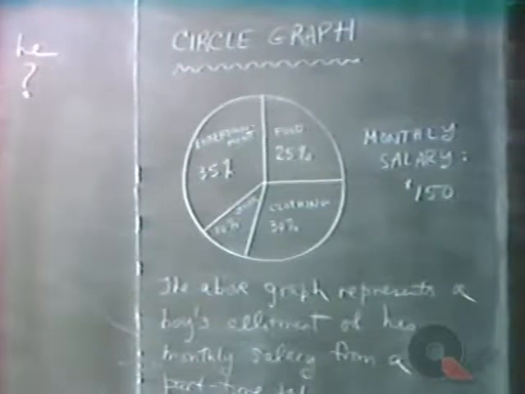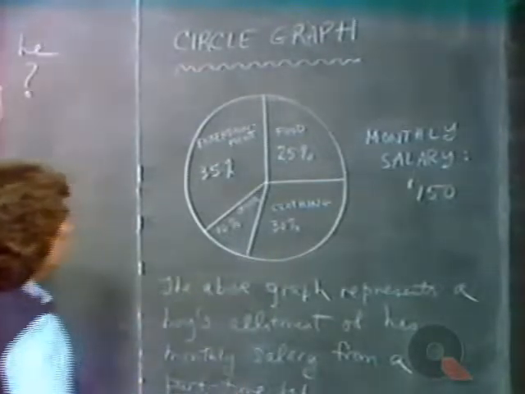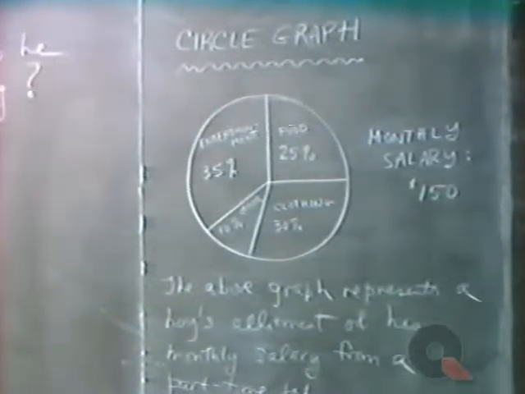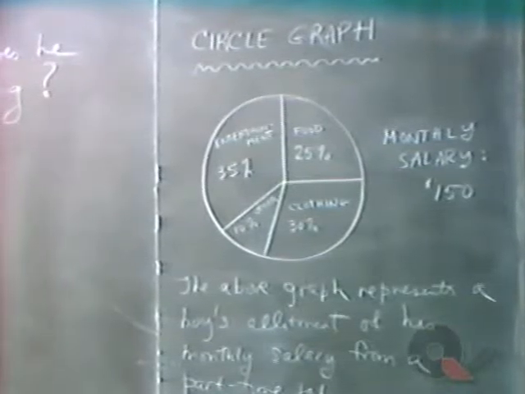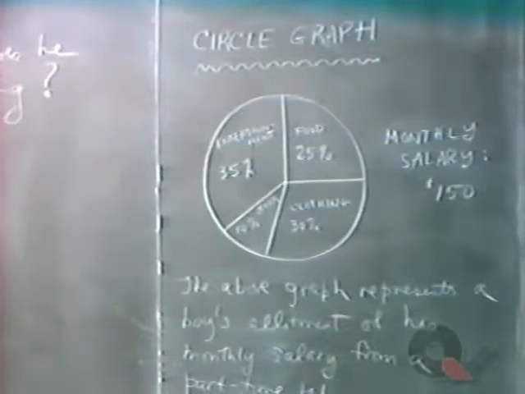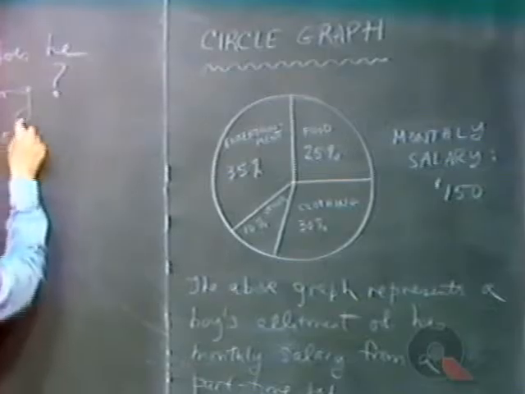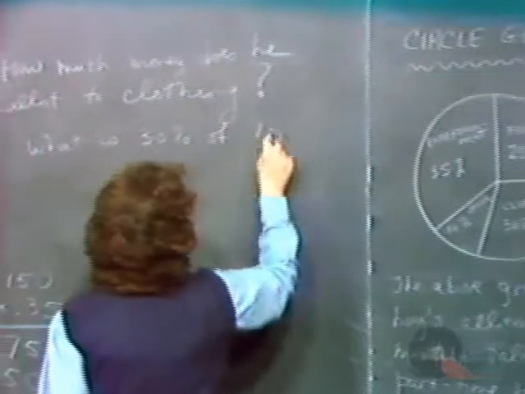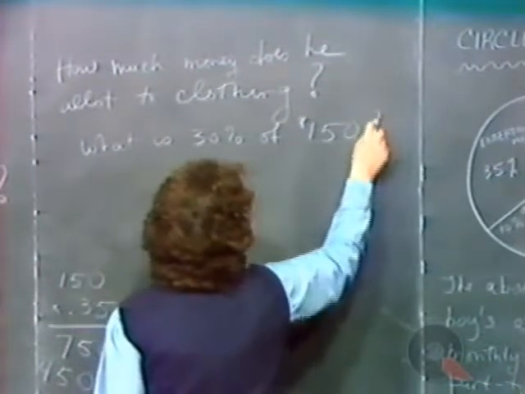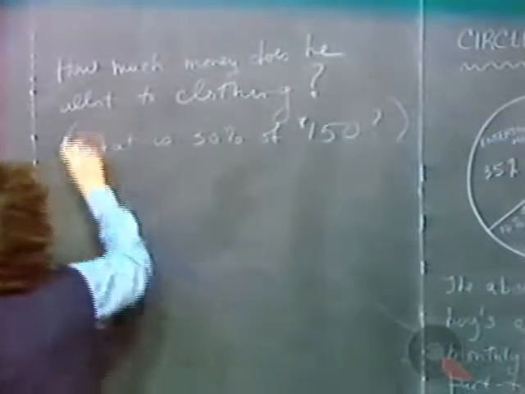Okay, how much money does he allot to clothing? Clothing is 30% of his budget. So we're really asking, what is 30% of $150?